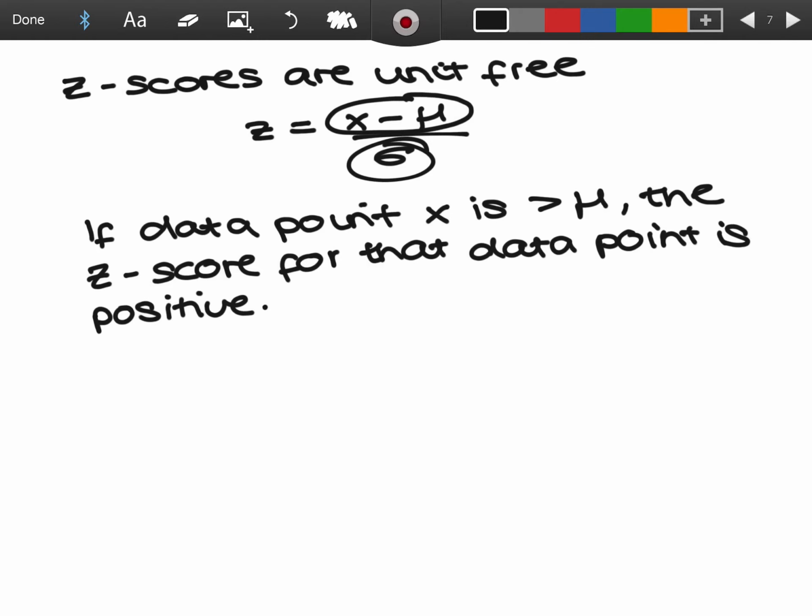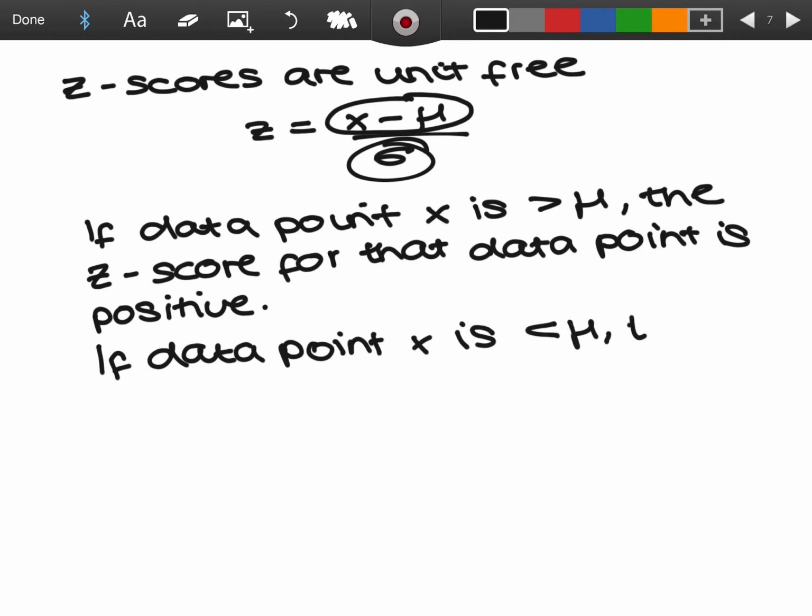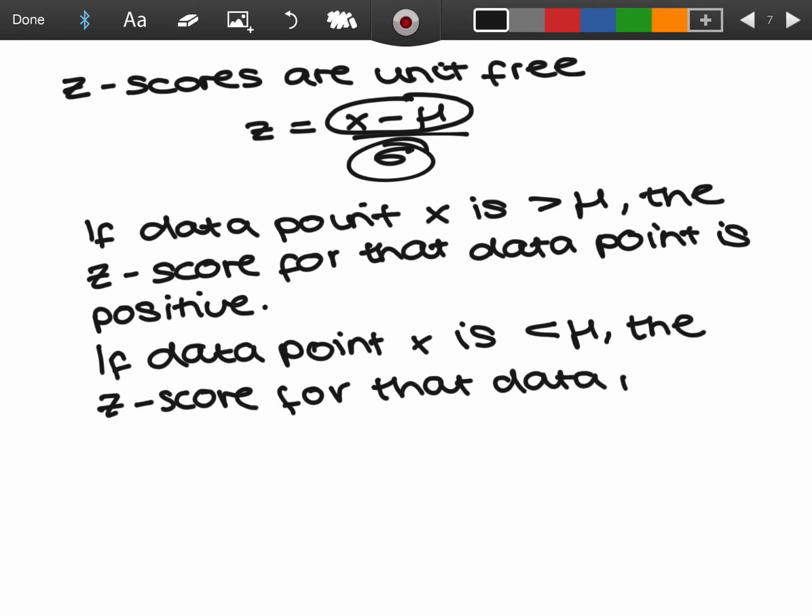But the standard deviation is still positive. So then I've got a negative number divided by a positive number, which is negative. So if a data point x is less than the mean, the z-score for that data point is negative.